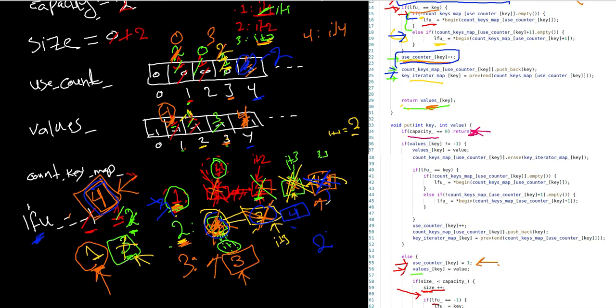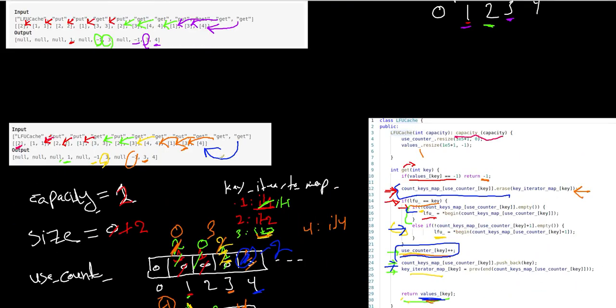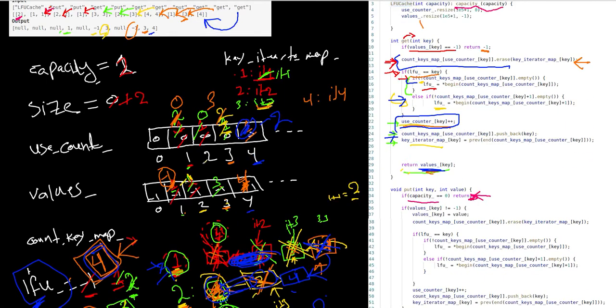We move it from here to here, and because this is empty and this is empty, the least frequently used value will remain the same, and at the end we need to return the value of 4, which is 4. And the time complexity of all of these operations is big O of 1.